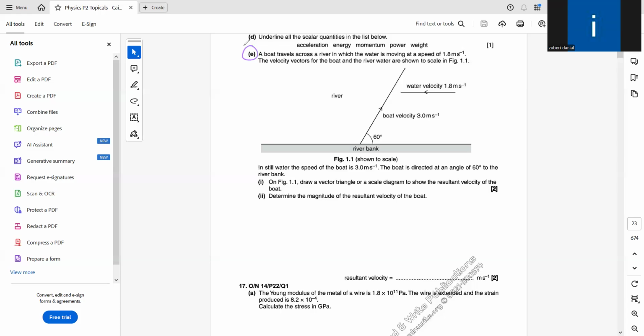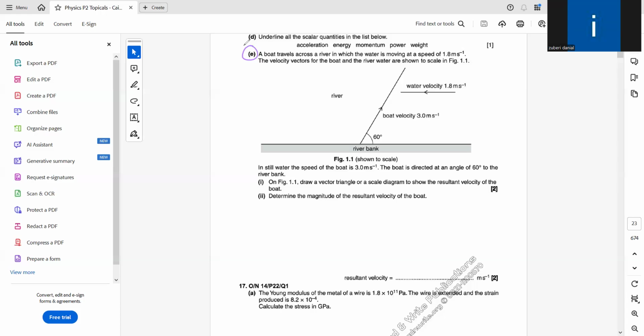So would I just draw this? Wait. If I would draw a scale diagram, I have to draw it on the other side with the same angle.